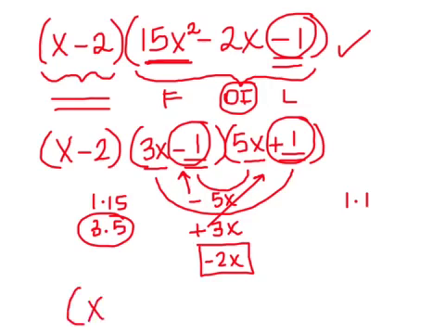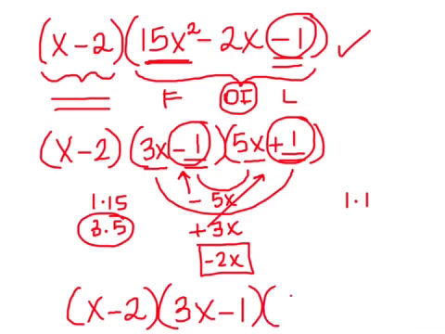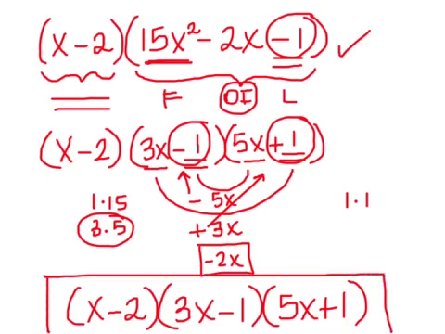One of the factors, we kind of cheated and got it off the graphing calculator. The other two factors, we got from a factoring method we already knew how to do. So this is the factoring of the original polynomial.